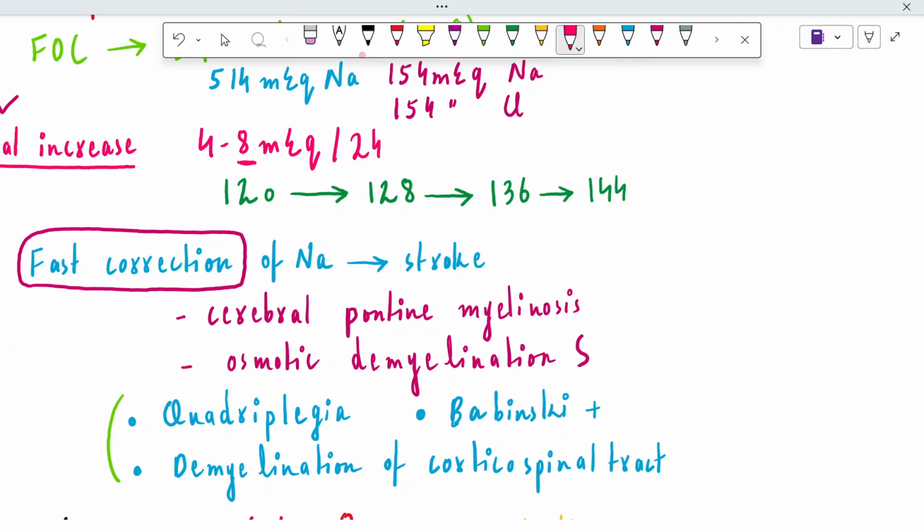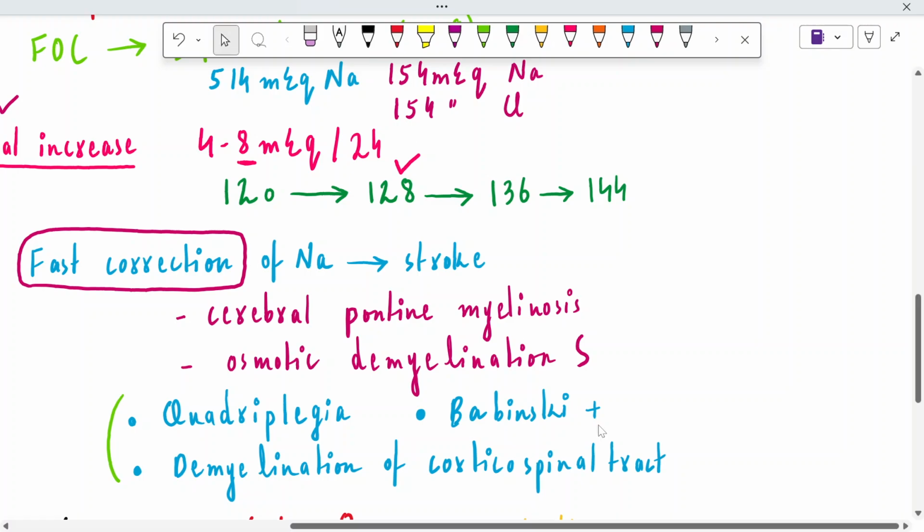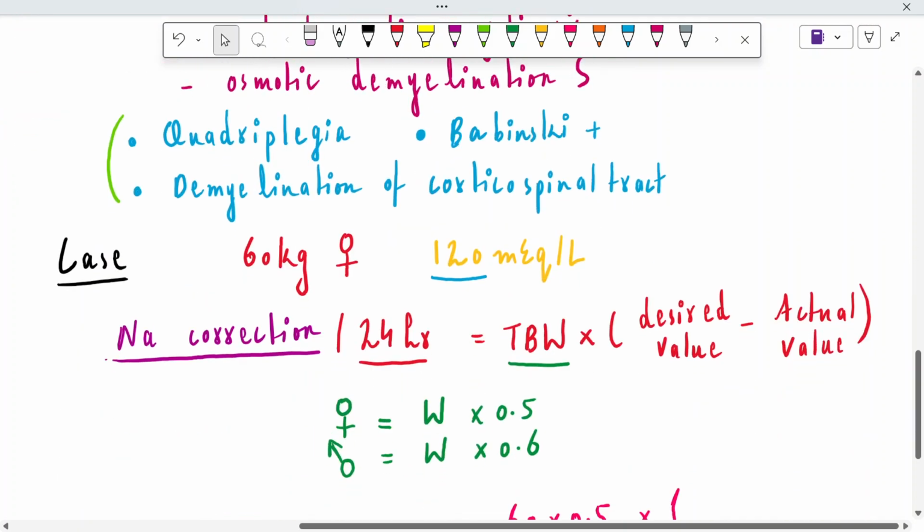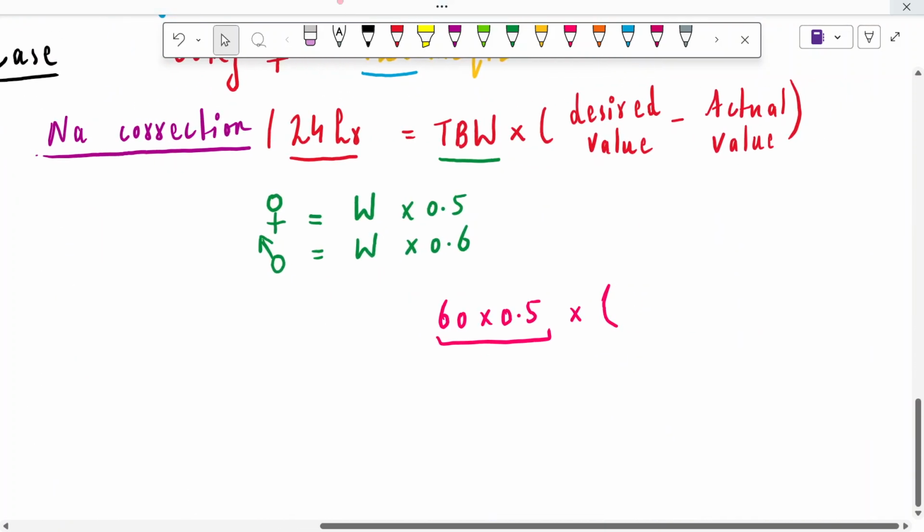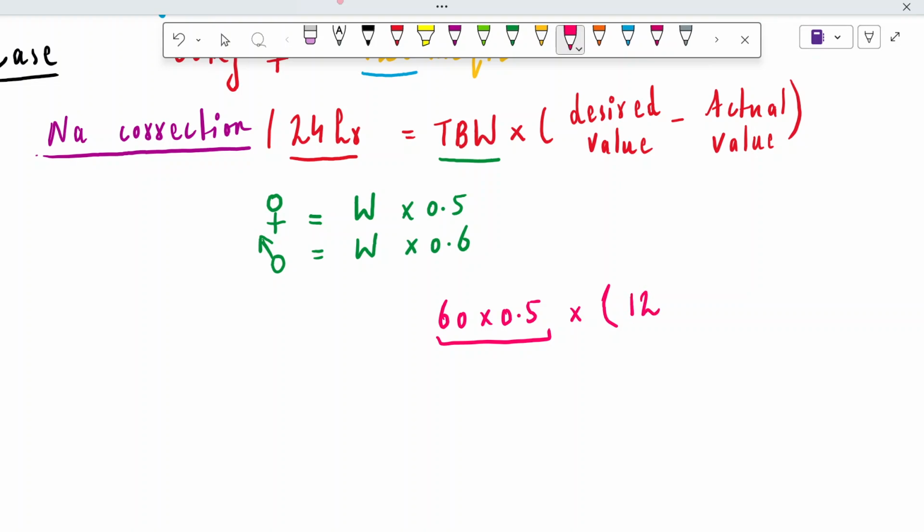It means that the desired value is 128. It's not 136, it's not 144, it's only 128 according to the plan. So the desired value is 128, and from the desired value we should minus the actual value, that is 120, over 24 hours. That is very important.